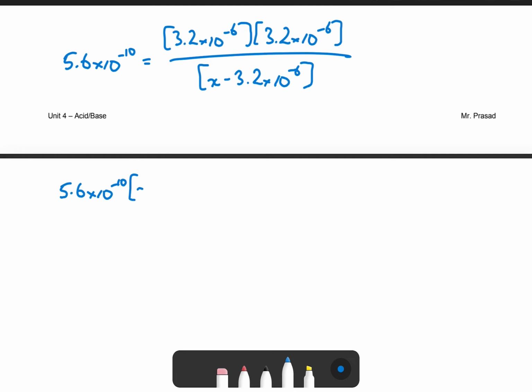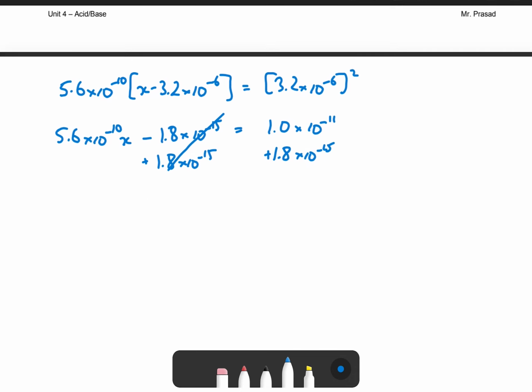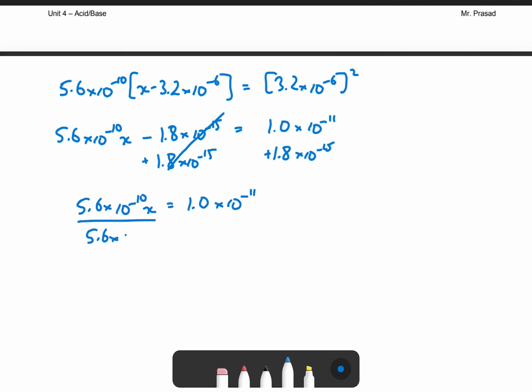This is equal to 1.0 times 10 to the negative 11 plus 1.8 times 10 to the negative 15. This would cancel, and then we'd get 5.6 times 10 to the negative 10 x is equal to 1.0 times 10 to the negative 11, divided by 5.6 times 10 to the negative 10. Cancels out here, and we find that x is equal to, to 2 sig figs, 0.018.